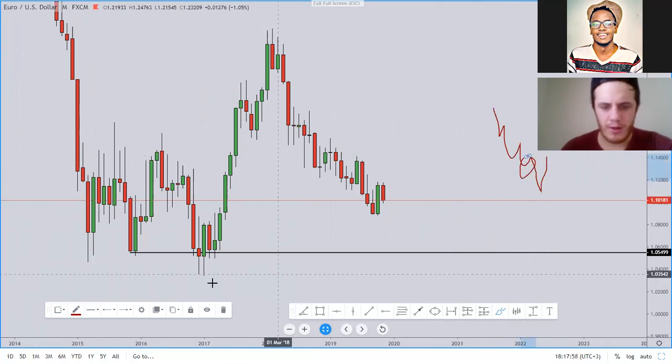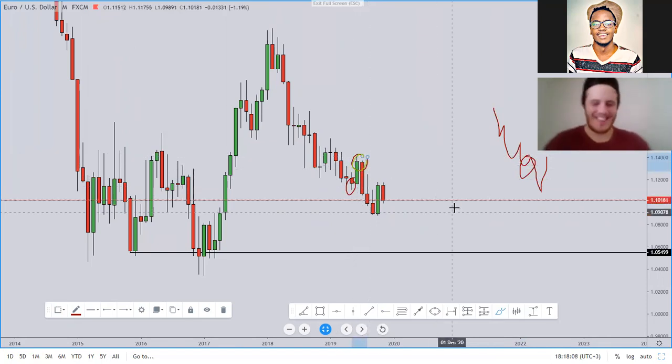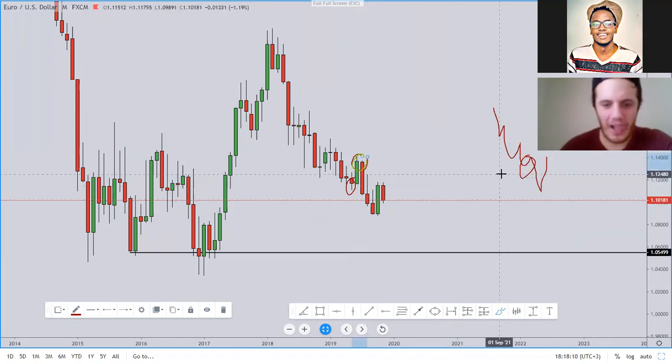This is a previous lower low here, and a lower high here. So price can pull back all the way and test these highs and still be bearish.